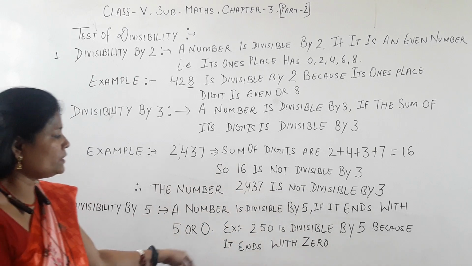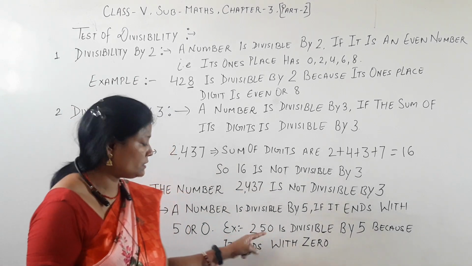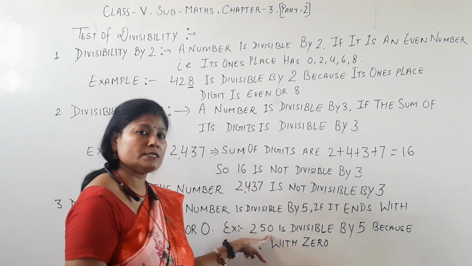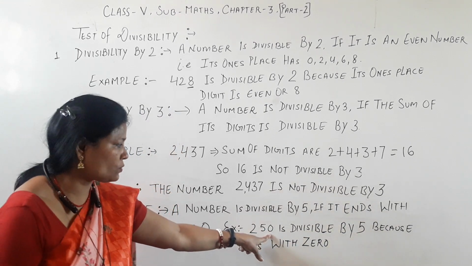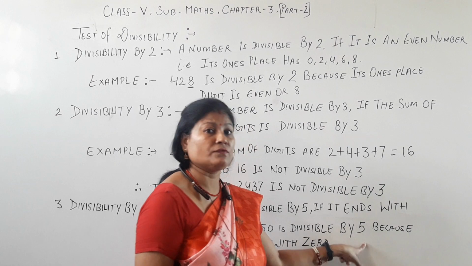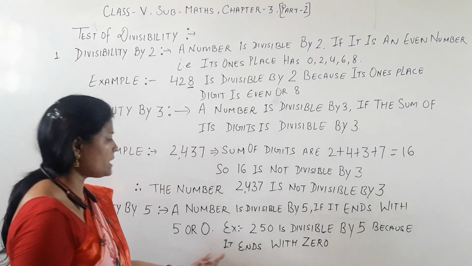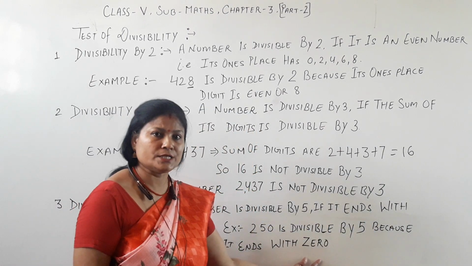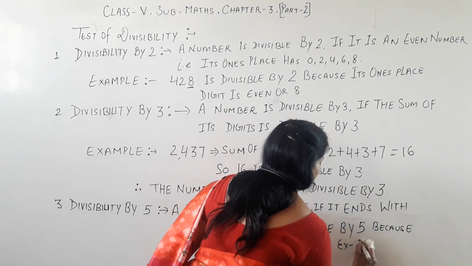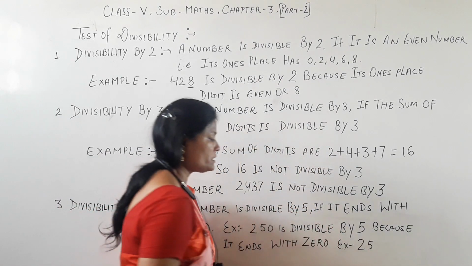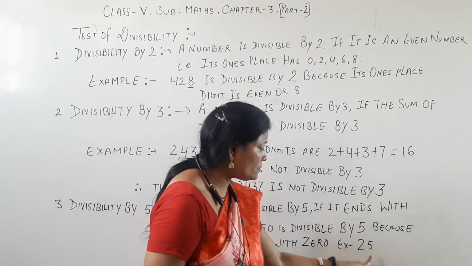Let's take one example, 250. See children, 250 ends with 0, or we can say that the one's place digit is 0. So it is divisible by 5. Why? Because it ends with 0. Understood? We can take more examples. If I take 25, see children, 25 ends with 5.